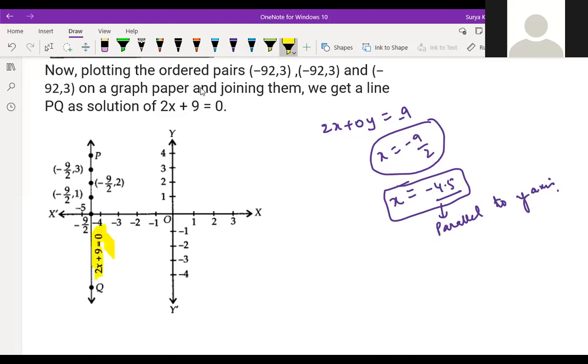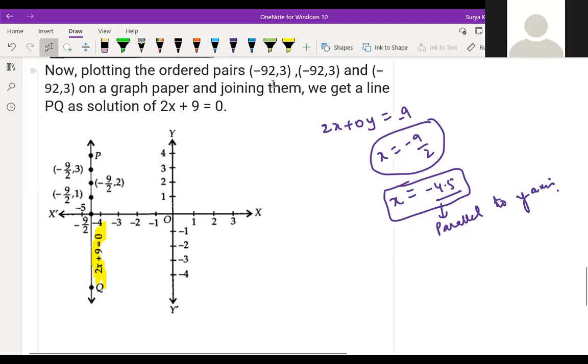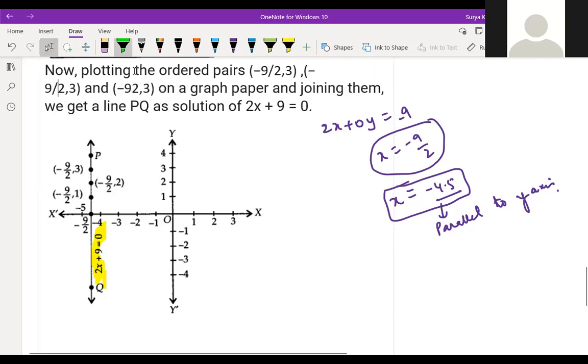See, this is the line. Any one of you having doubt in this? No, sir. Fine. So here we'll put 9 by 2, and here also 9 by 2, and here also 9 by 2 we write.